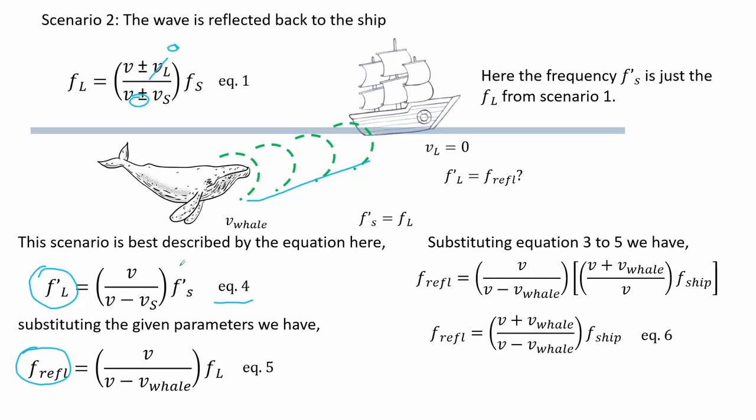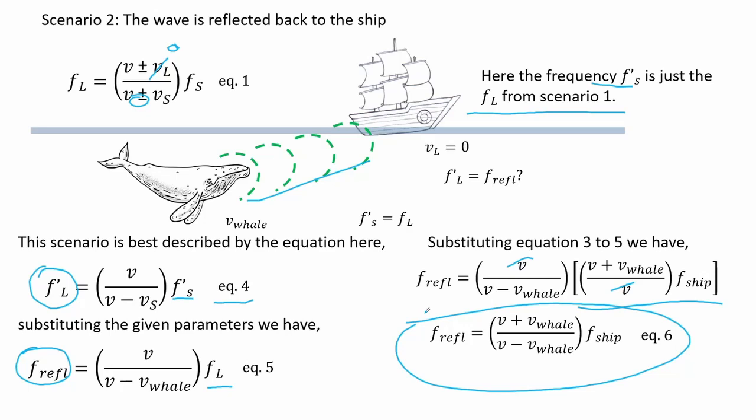Fs prime here, the frequency of the source, the whale, as we know, is just simply the FL from scenario 1, which you obtain and shown in equation 3. So if we substitute them, we get this expression here. Now this is simplified further by eliminating the v here, and we are left with equation 6.